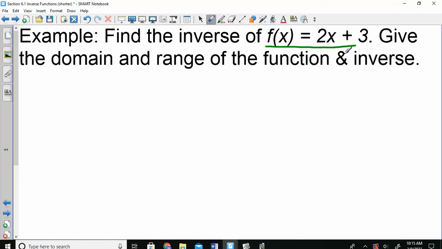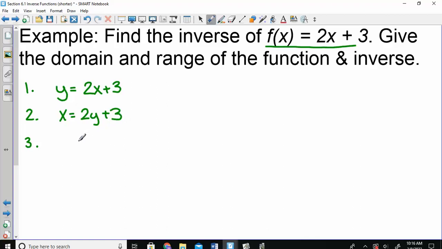Let's start off with a fairly nice one. f of x equals 2x plus 3. So step 1 is change f of x to y. So it's just y equals 2x plus 3. Step 2 is what? So every y becomes an x and every x becomes a y. Step 3 is to solve for y.